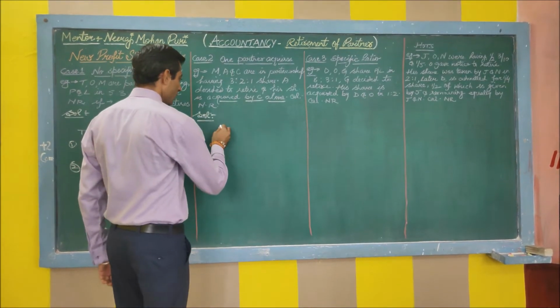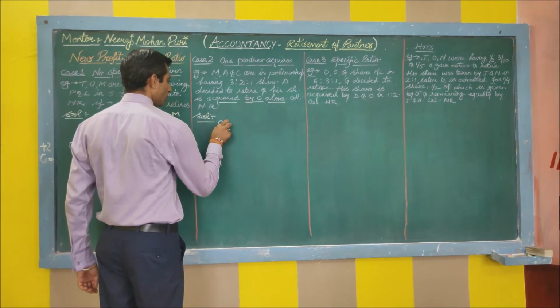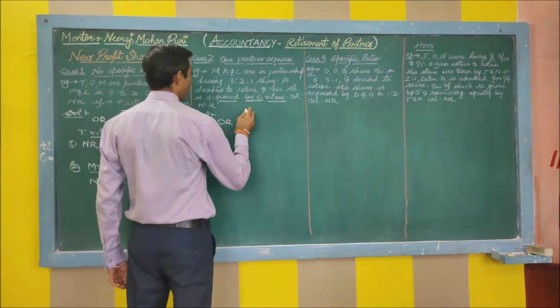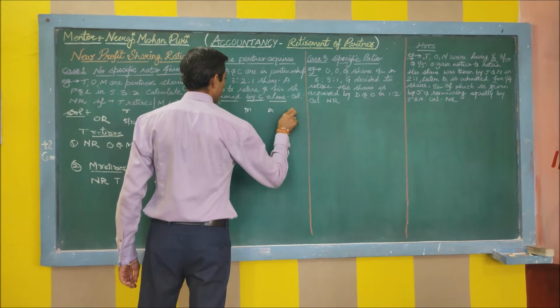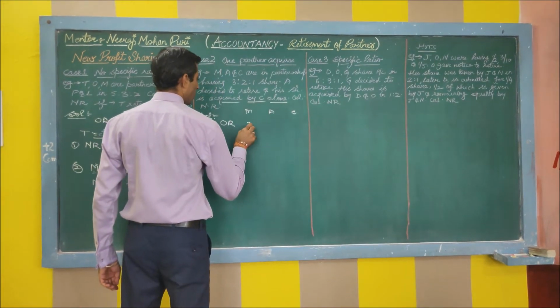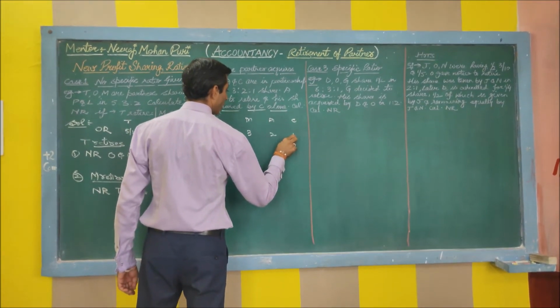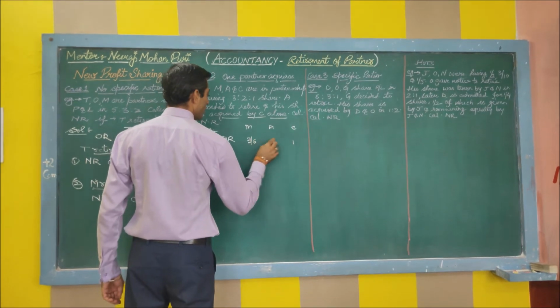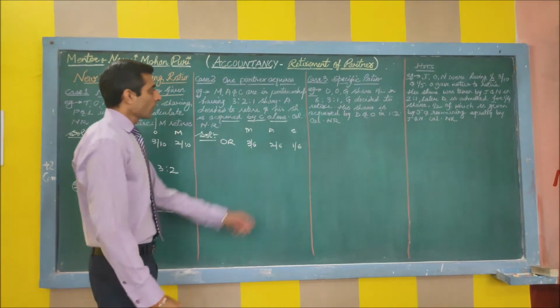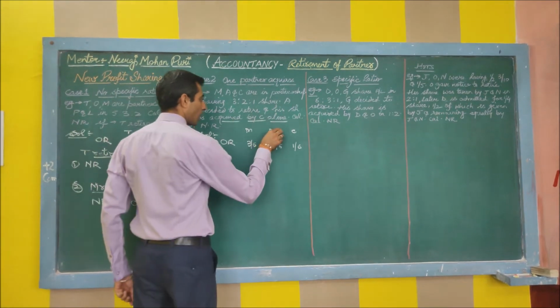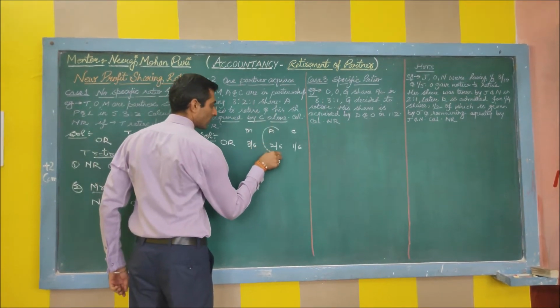Now let's start it. First of all, old ratio. There are 3 partners, M, A, and C. Their ratio is 3, 2, and 1. This will become 3/6, 2/6 and 1/6. According to this situation, A is retiring, so let us circle it.